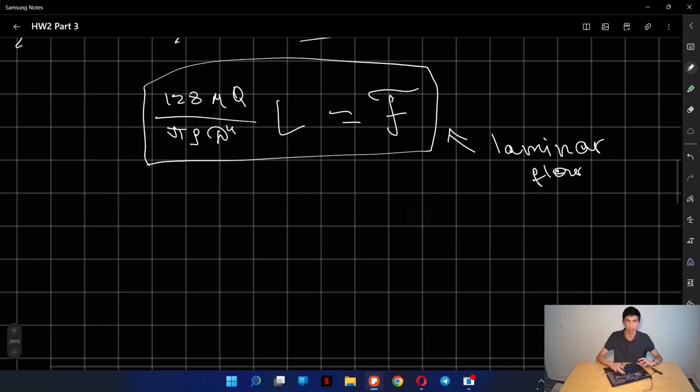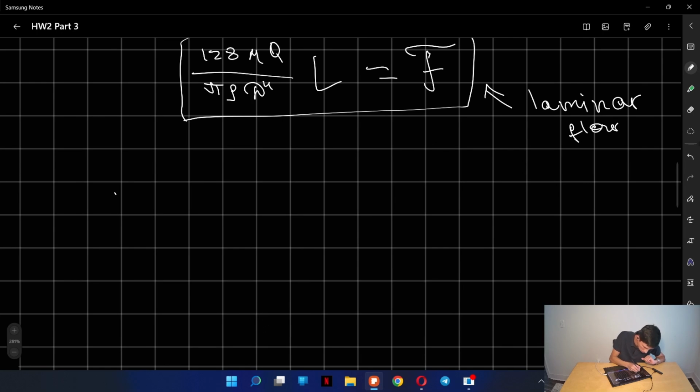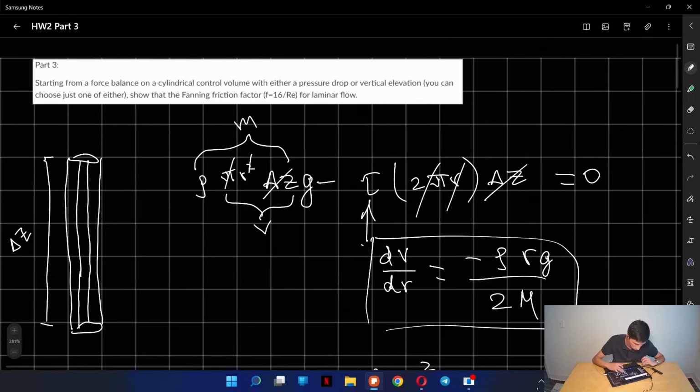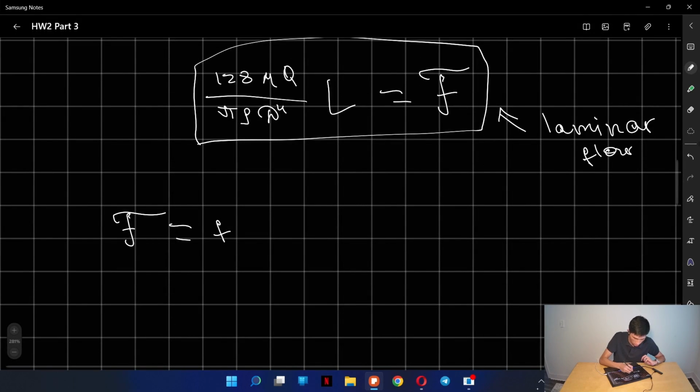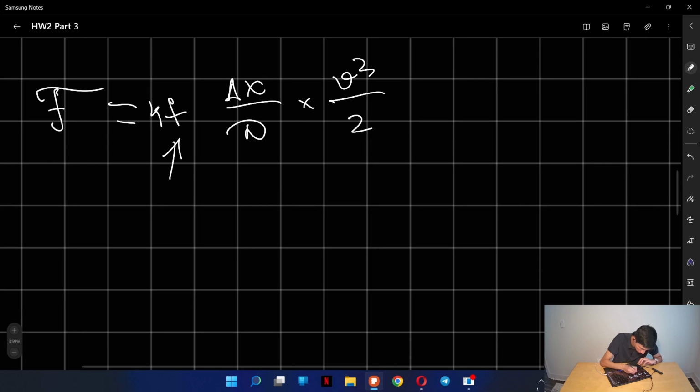So usually in some textbooks, they express this frictional heating as 4f times delta X over D times V squared over 2, where f is the fanning friction factor.